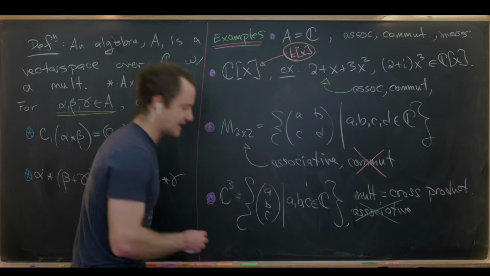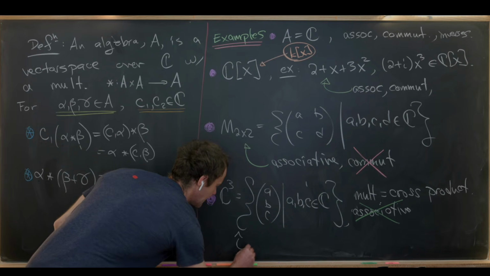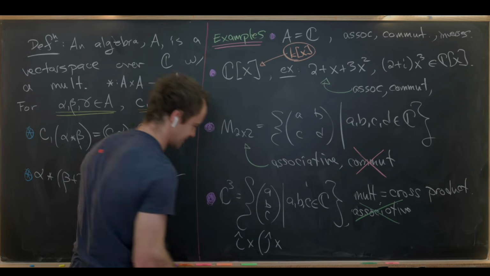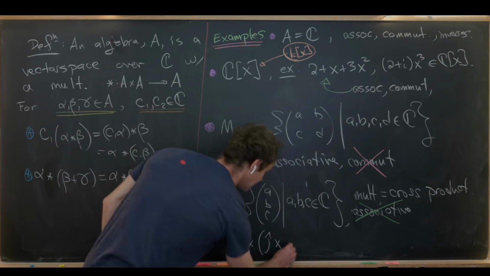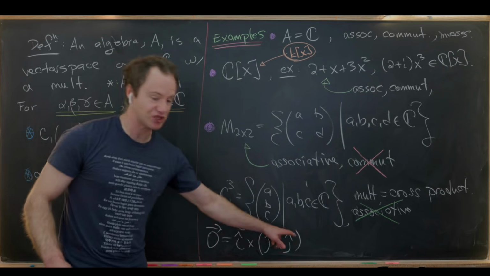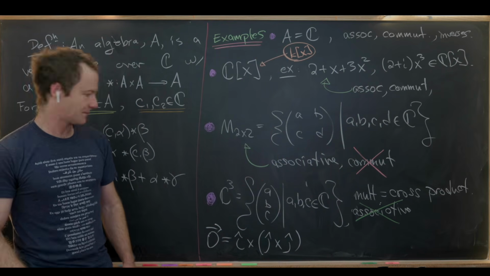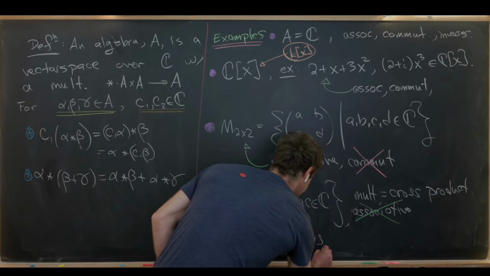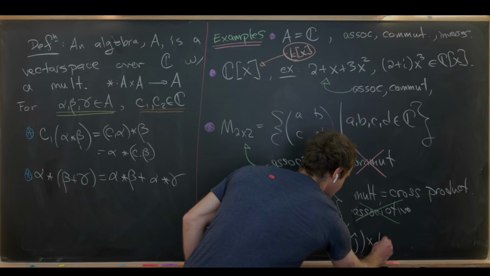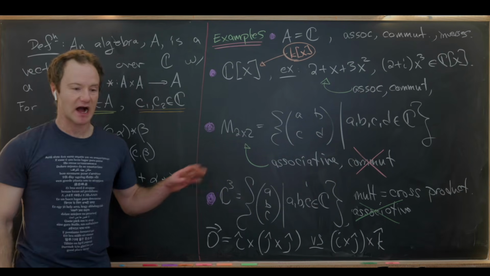So for example, if you take i cross j cross, let's see, j, you'll definitely get the 0 vector, right? Because we know j cross j is the 0 vector. Versus if we do i cross j cross k, we will not get the 0 vector.